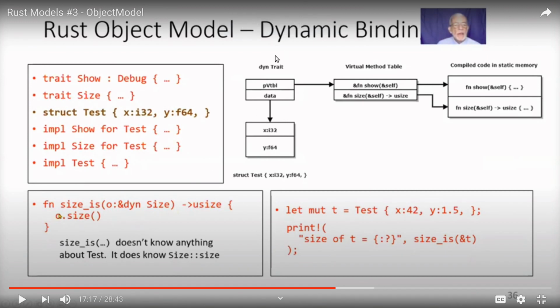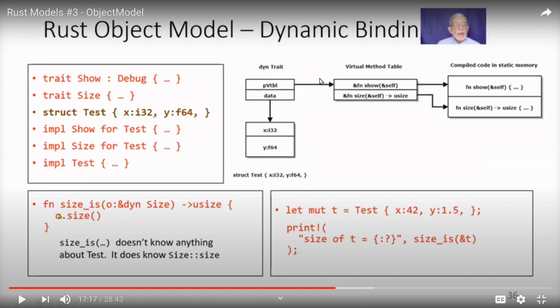When you're doing a dyn trait, it's actually internally creating a table kind of structure, a pivot table, which stores all the addresses of the methods.